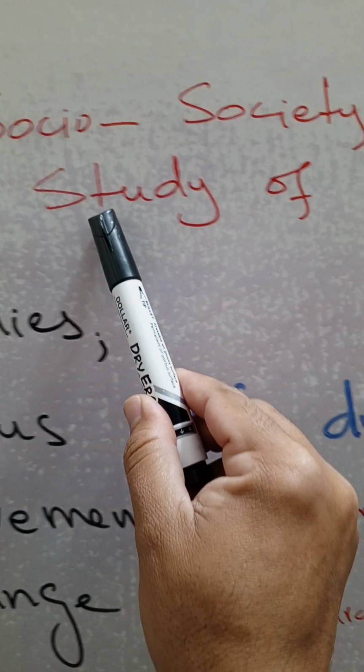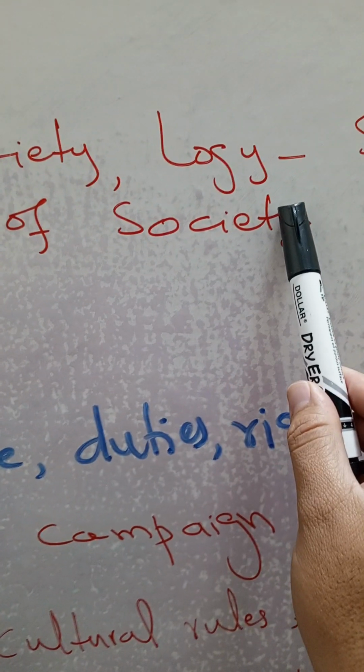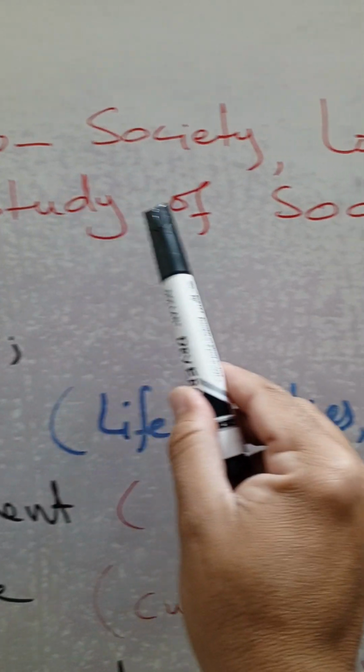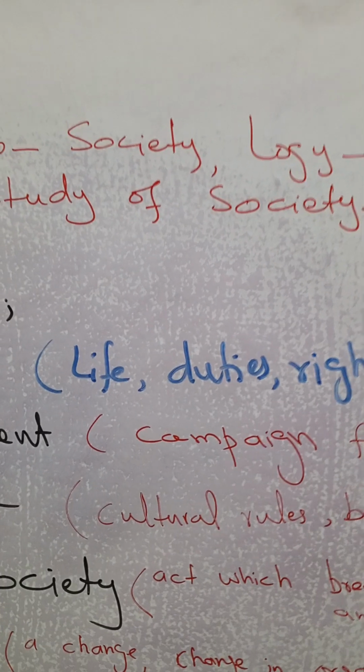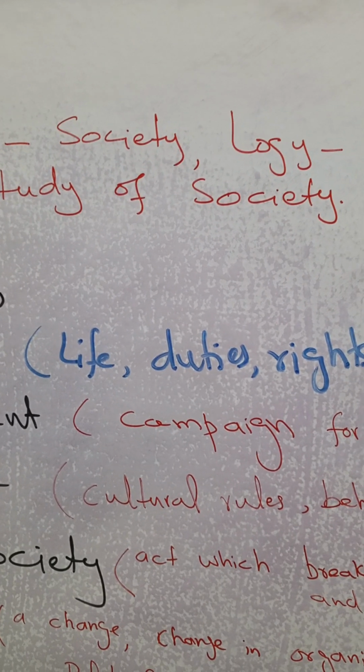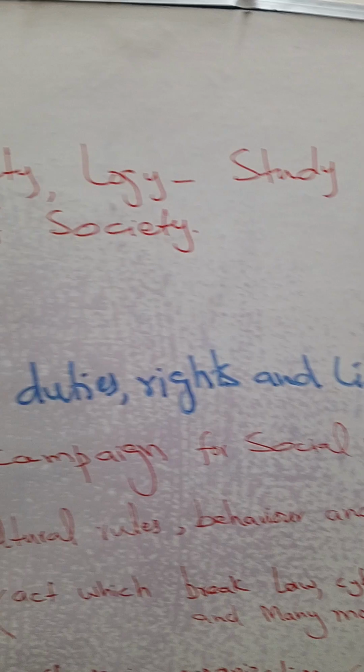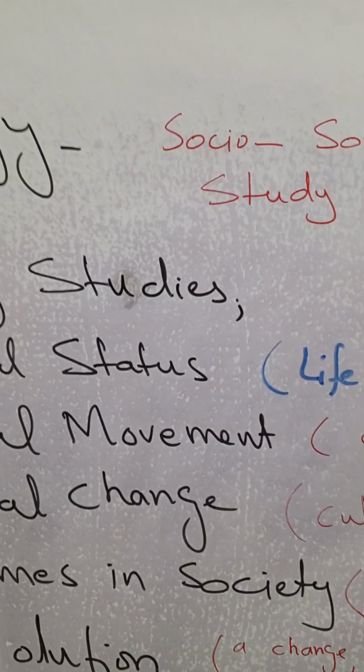In sociology, we study about society, and sociology is the study of society. We teach about society, we learn about society. So it is basically a social science.